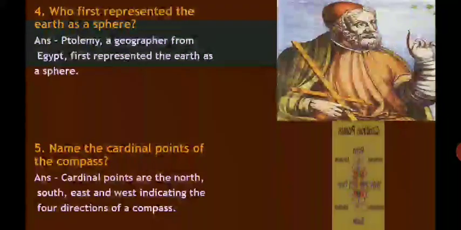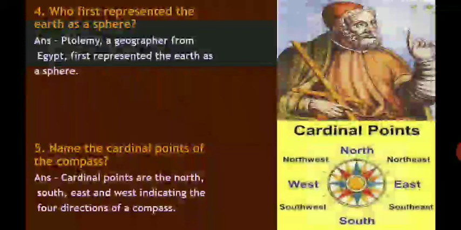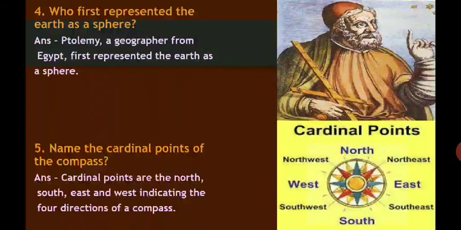The next question is, name the cardinal points of the compass. Cardinal points, remember students, you have learned cardinal points and intermediate points. Your cardinal points are north, south, east and west. In your picture also you can see that the cardinal points are north, south, east and west, indicating the 4 directions of the compass.